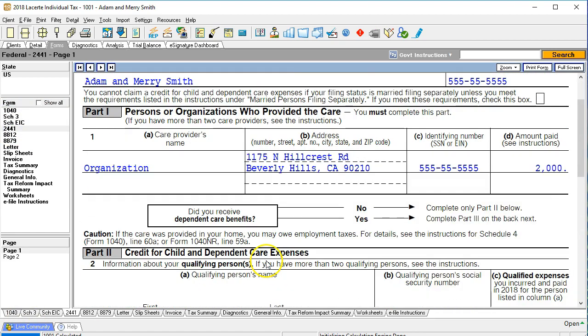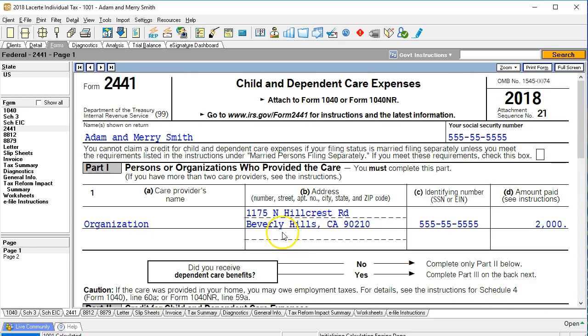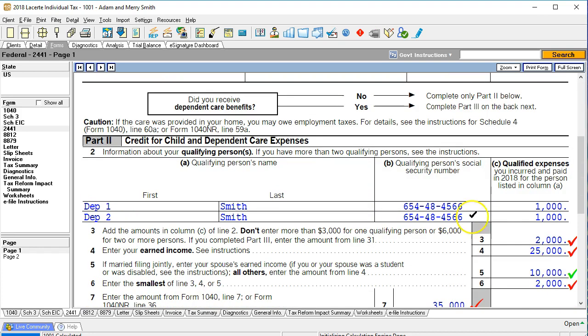The other way a limit can work out, if we have the same information, but now we said we only paid 2,000 total to the institution, 2,000 instead of, I believe it was 7,000 or 8,000 last time. That means that we're going to say we paid 1,000 for each of the qualifying children, and then line 3 is going to be limited to the 2,000. It's not going to be the max of 6,000.